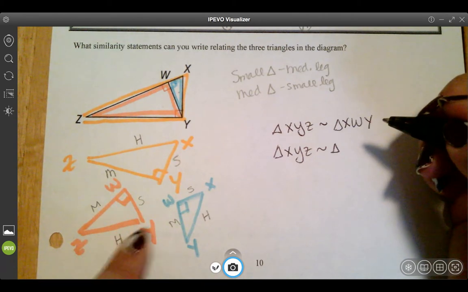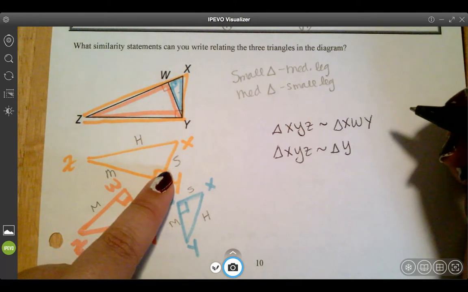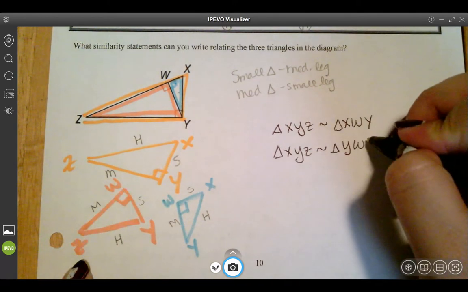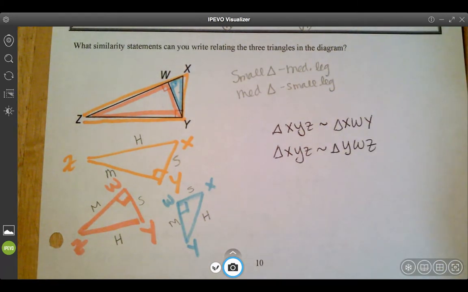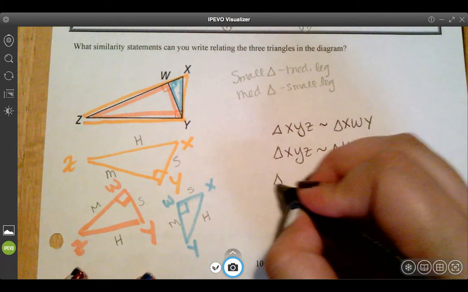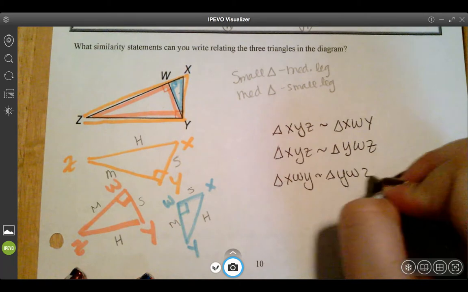Between small and hypotenuse is Y. Then we go along the small side. So we start here, go along the small side, goes to W, Z. For our last similarity statement, we just compare these two that haven't been compared yet. Triangle XWY with triangle YWZ.